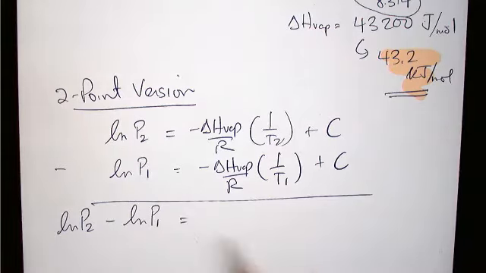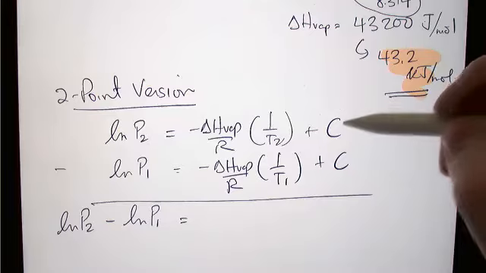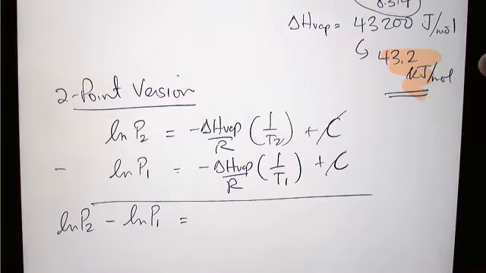Now on the right, do you see something, a nice thing that's going to happen here? Anybody see something nice that will happen when I subtract? Won't they cancel out? The constants will cancel, right?